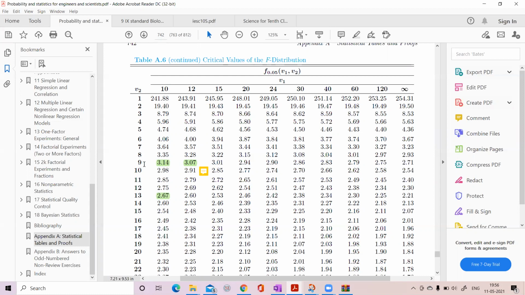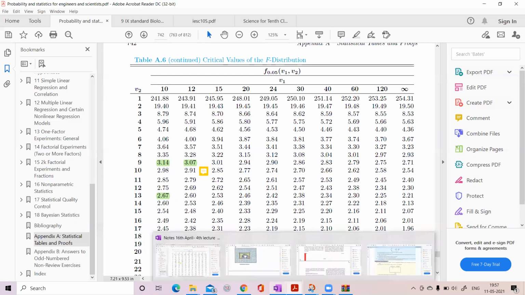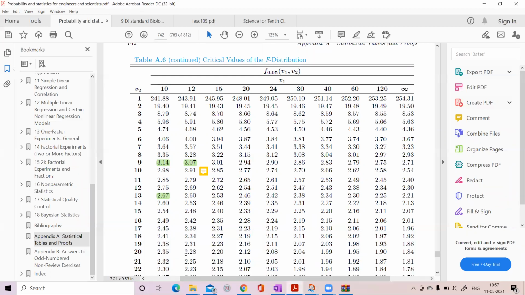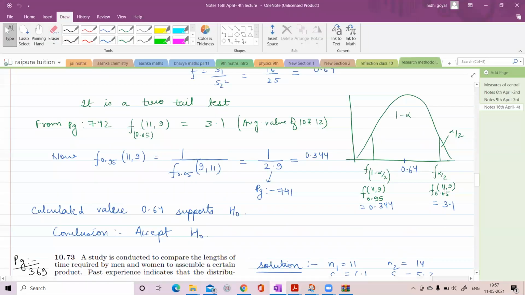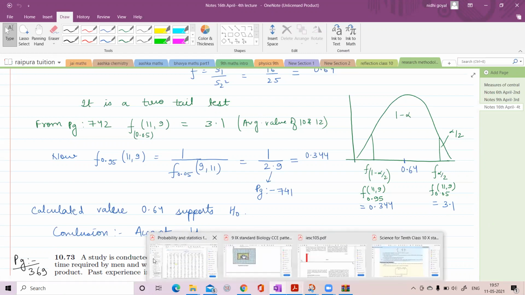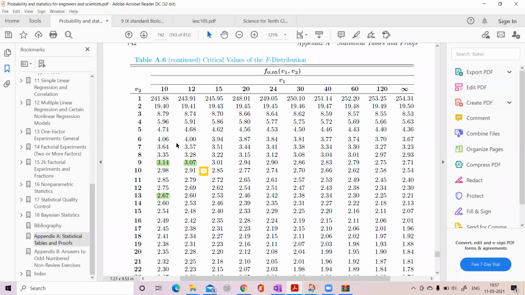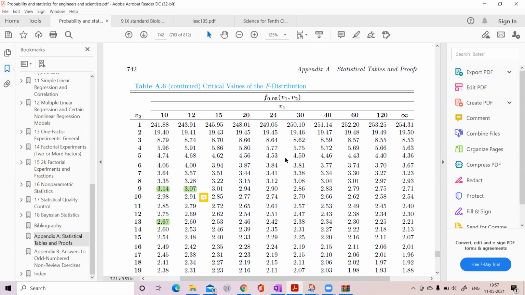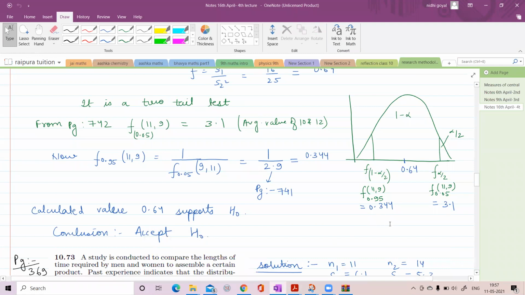So we have to look at a middle value of 3.14 and 3.07. The middle value of both of these will be taken, so it was taken as 3.1, which is the average value for 10 and 12.